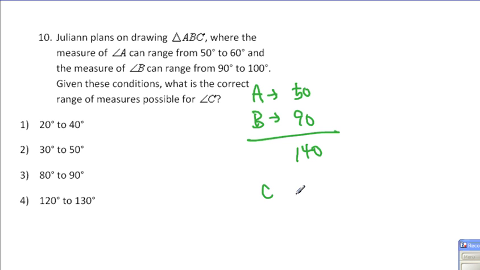That gives the room for angle C to be 40 to add up to 180. On the other hand, if you have 60 and 100, then the sum of those 2 angles becomes 160, therefore it only gives us the room for 20. So in fact, 20 to 40 becomes our answer.